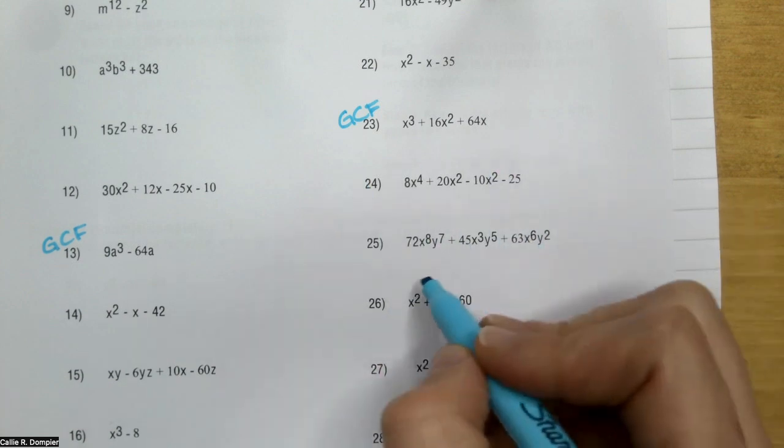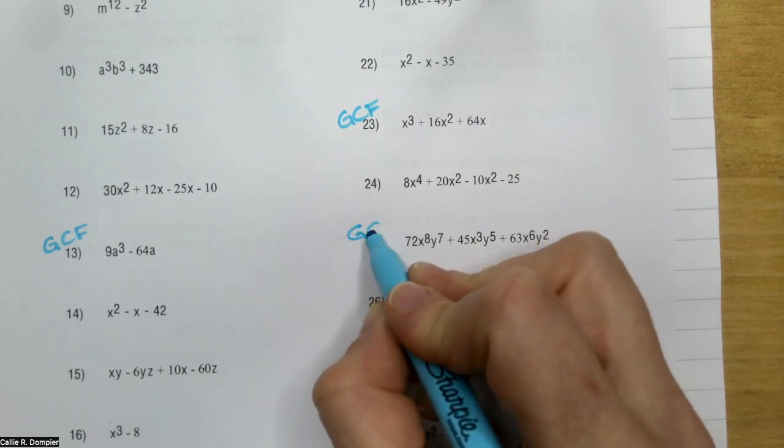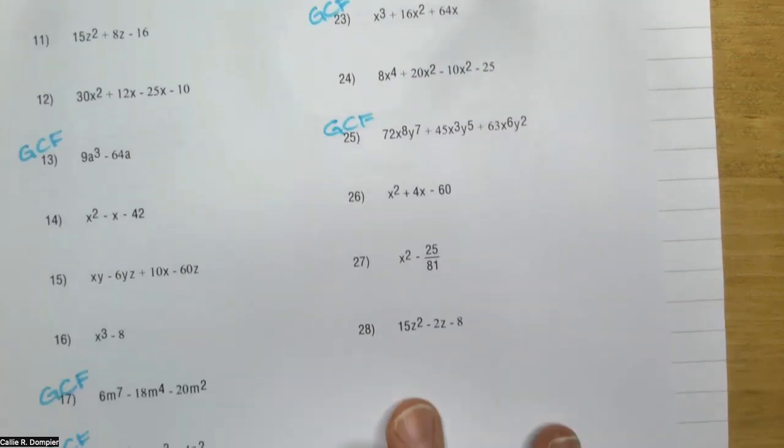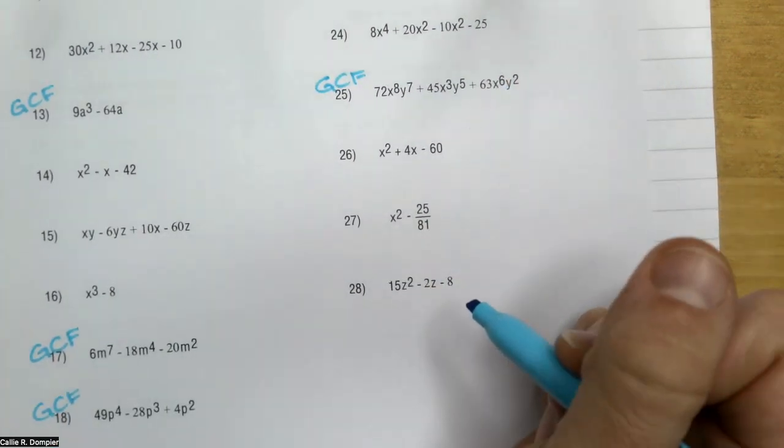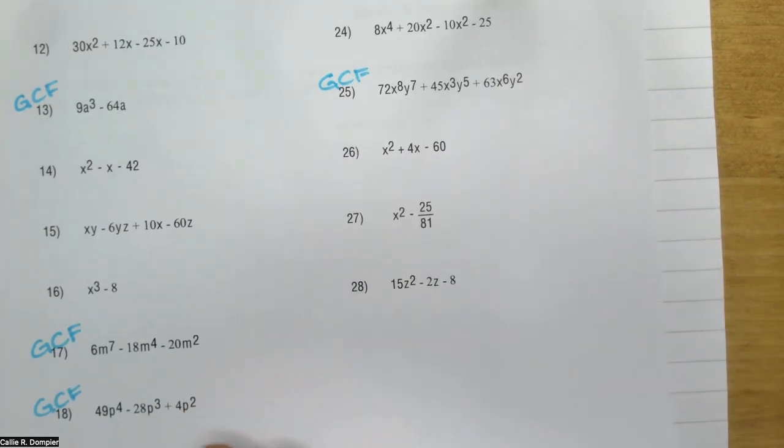Here, I can factor out some x's and y's, right? There's an x and a y, x and a y, x and a y. No, no, no. Okay, so those are the ones that we can factor out a greatest common factor.